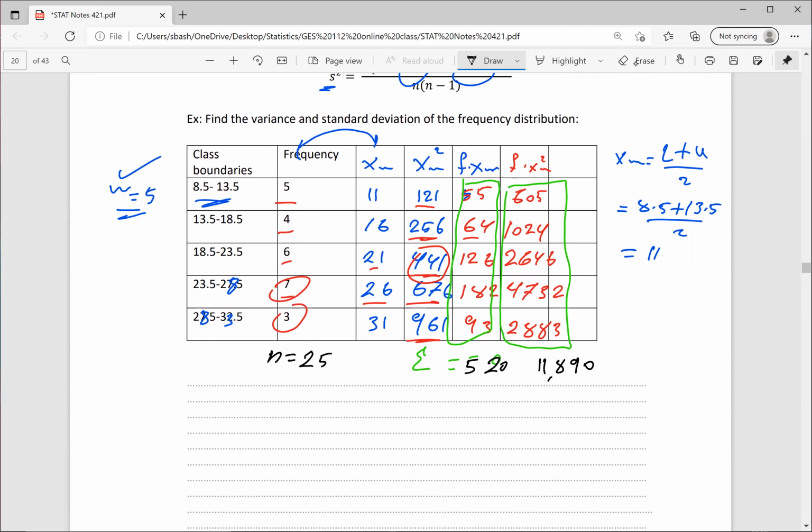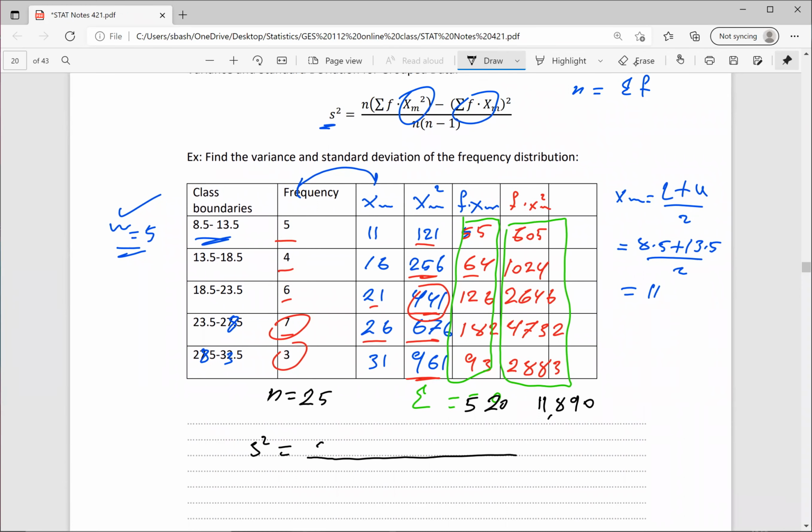So n is equal to 25, which means that s squared is equal to, just applying the formula, n, which is 25, multiplied by the total of the f times xm squared column, which is 11,890, minus the square of the sigma of f times xm, which is 520, divided by 25 multiplied by 25 minus 1, which is 24.